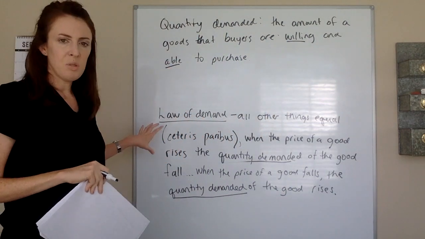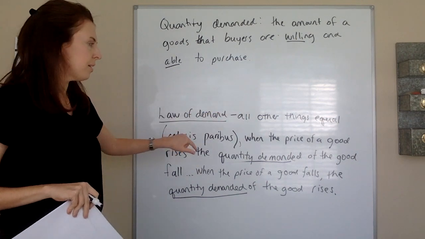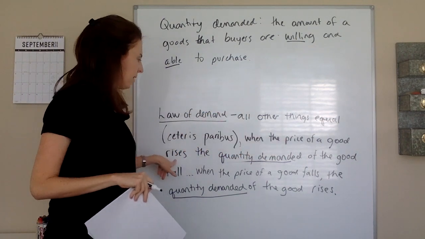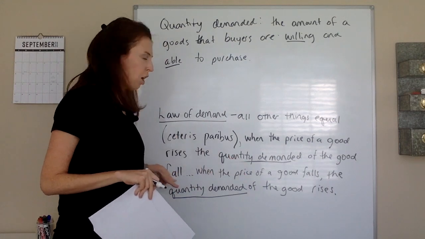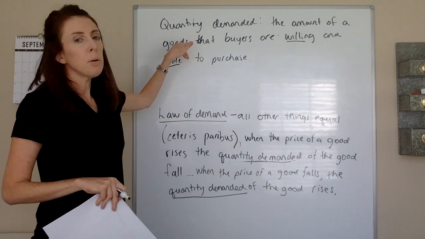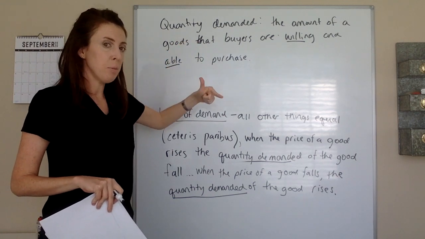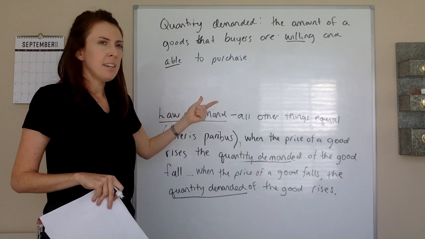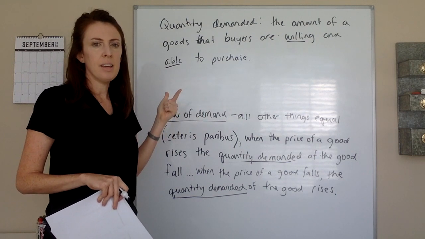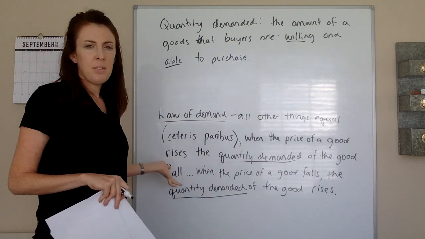So if we link this back together, the law of demand says if you hold everything else equal, ceteris paribus, then when the price of a car goes up, the quantity demanded of the car falls. What is the quantity demanded? It's the number of cars that people are both willing and able to purchase. So if I am not on the market for cars, if I don't need a car, then the price is kind of irrelevant to me.